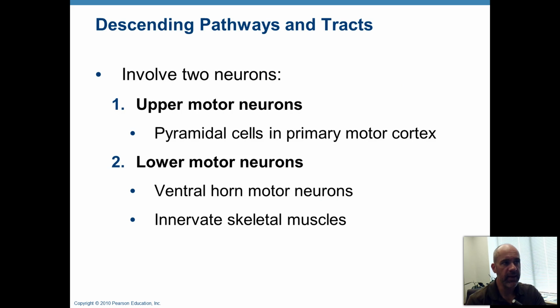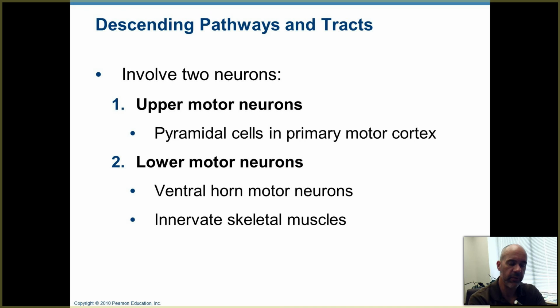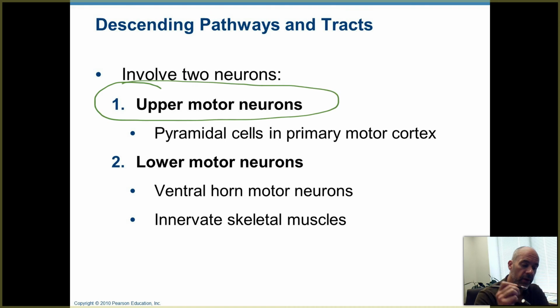All right, your descending pathways and tracts. What happens with this descending information? Generally that involves 2 neurons. Sometimes the top ones are called upper motor neurons. They're up here in the cortex of the brain. So that's around the whole surface, all those folds and ridges you've got in the main part of the brain. You've got lots of cell bodies of these upper motor neurons up in there.